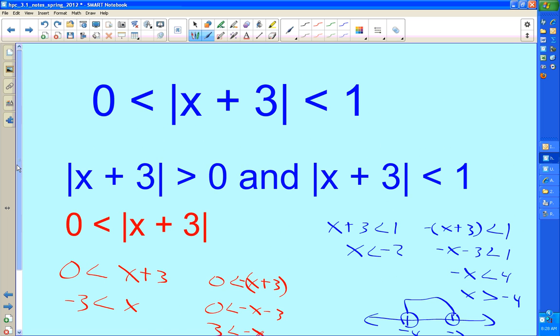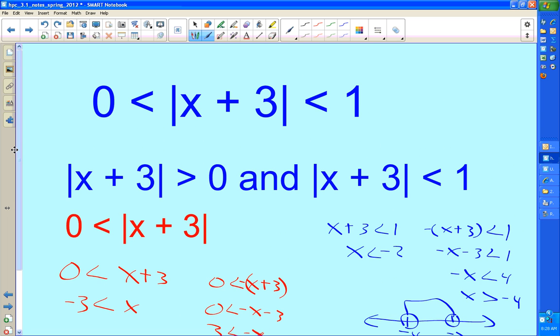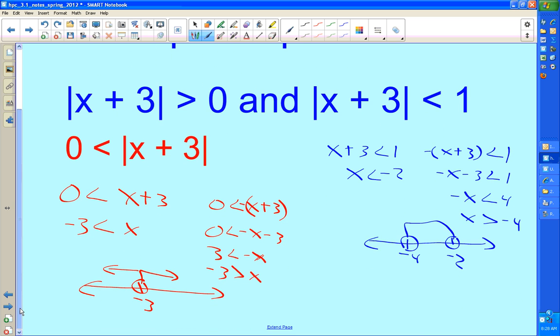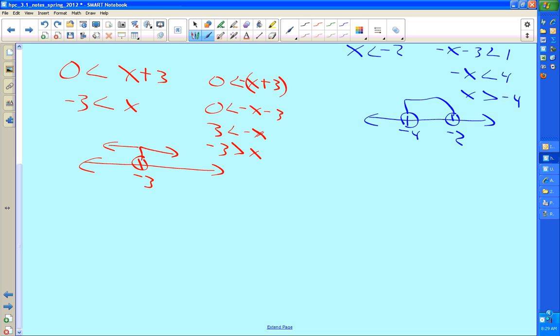The original problem is up here. So you want to go from negative 4 to negative 3, union negative 3 to negative 2.